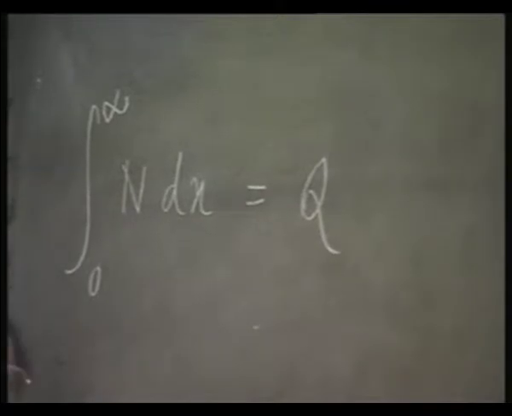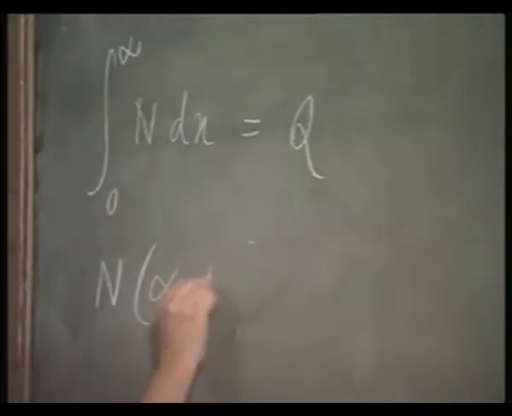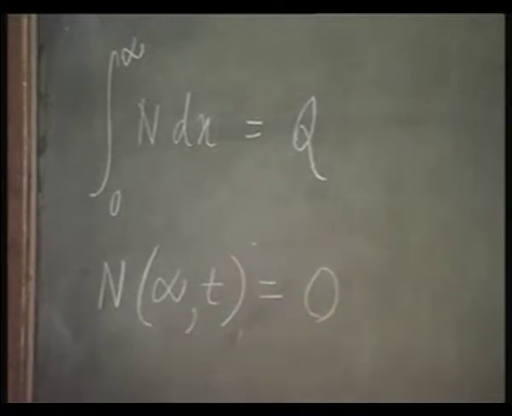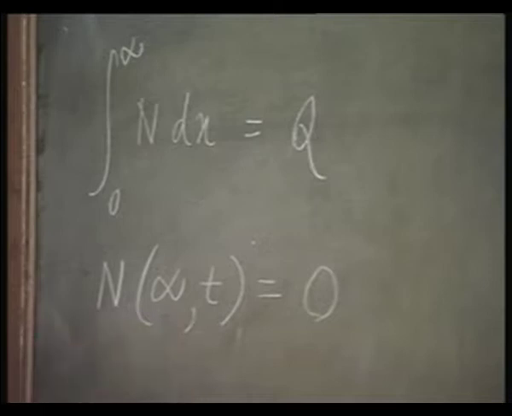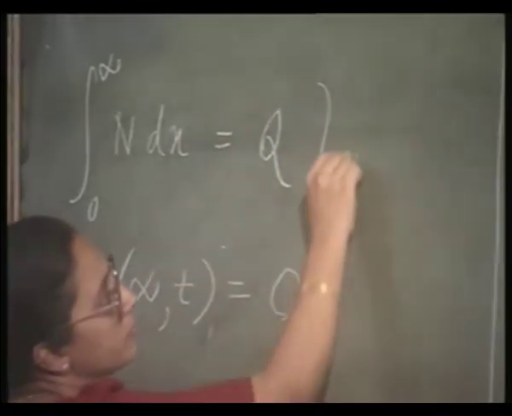The other boundary condition is of course that at a very large distance from the surface, the doping concentration falls to 0, n at x equal to infinity, that is very much deep inside, is 0. These are the two boundary conditions.